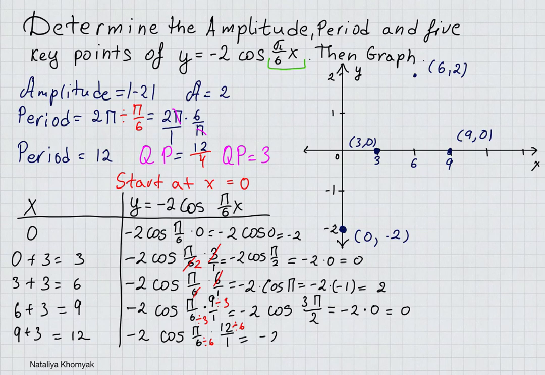And we get negative 2 cosine of 12 divided by 6 is 2, pi over 6 divided by 6 is 1. And we get negative 2 times cosine of 2 pi, which is 1. And this is equal to negative 2. So when x is 12, y is equal to negative 2. So 12, negative 2. And now we just need to connect our points.